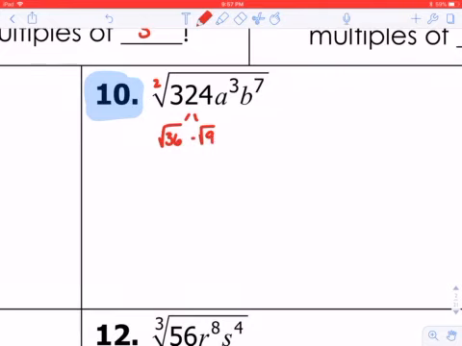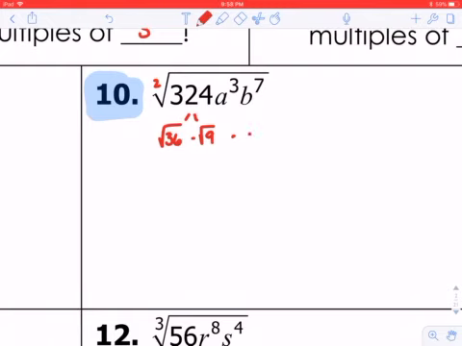Now, here's the deal. Right now, if I wrote this a cubed out as a fractional exponent, don't write this because it's not going to help you. This is actually 3/2, which is not really deemed simplified, having a fractional exponent. But what I can do is break this a cubed up into a multiple where one of the exponents is a multiple of 2.